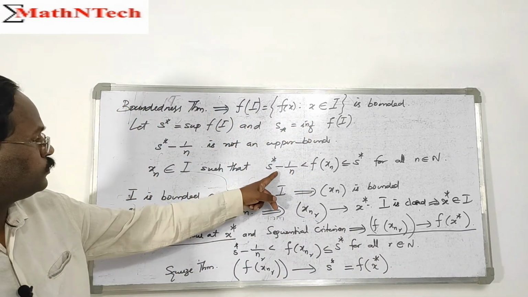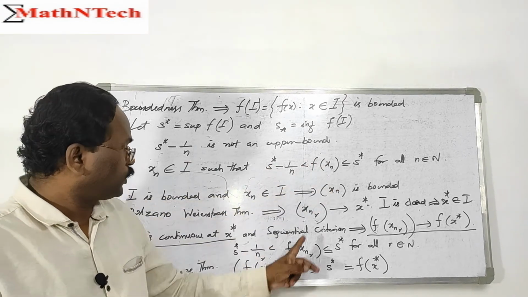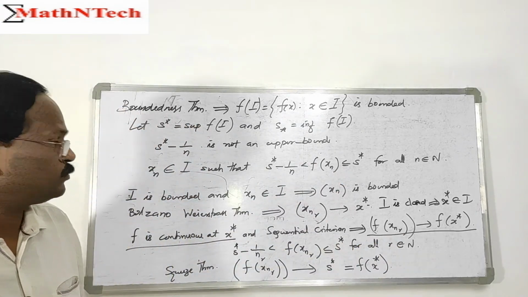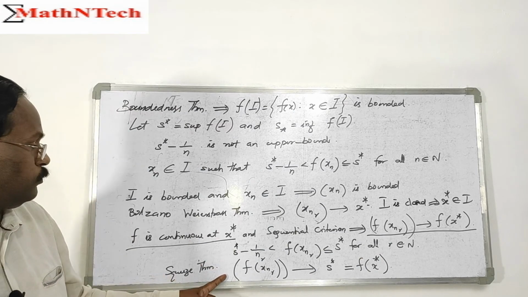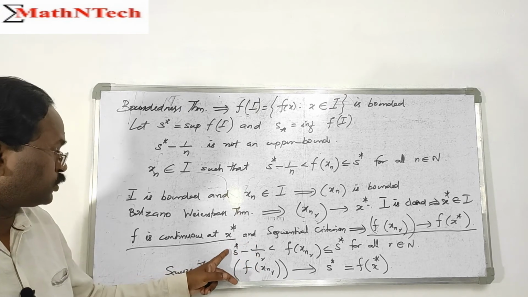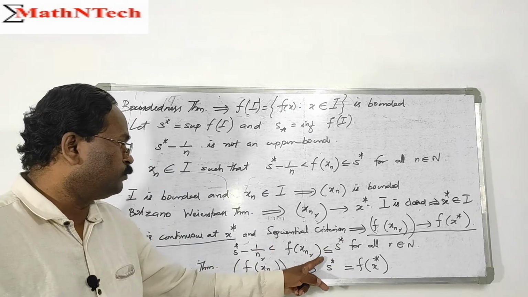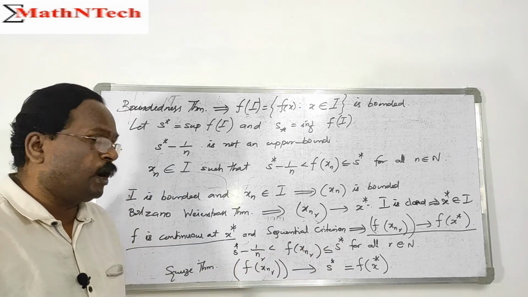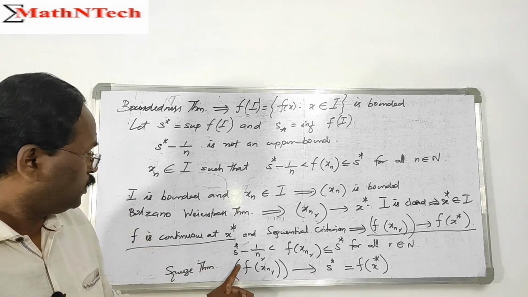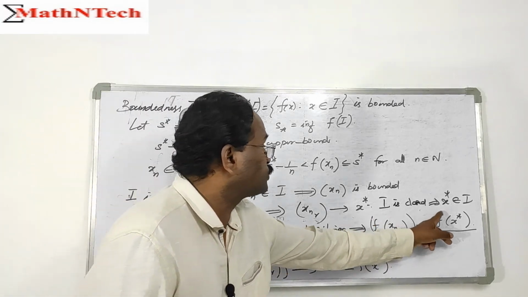Again from this, s star minus 1 by nr less than f of xnr less than or equal to s star for all r element N. Now by Squeeze theorem, the left hand side s star minus 1 by nr converges to s star, and the right hand side converges to s star. So the middle term sequence f of xnr converges to s star. But f of xnr also converges to f of x star.